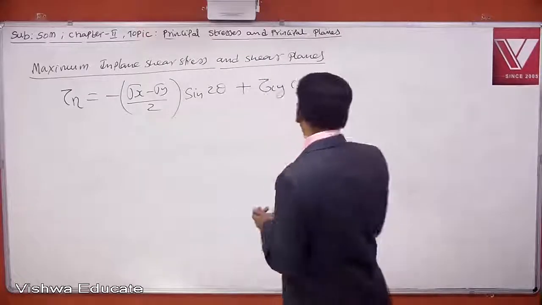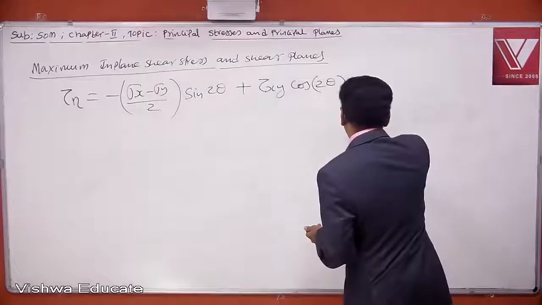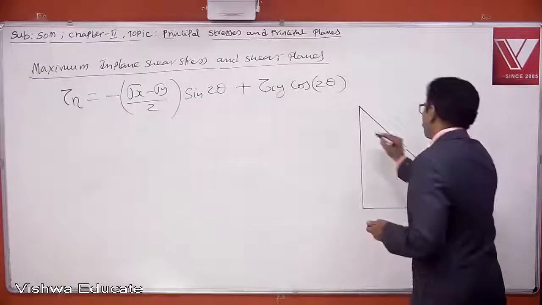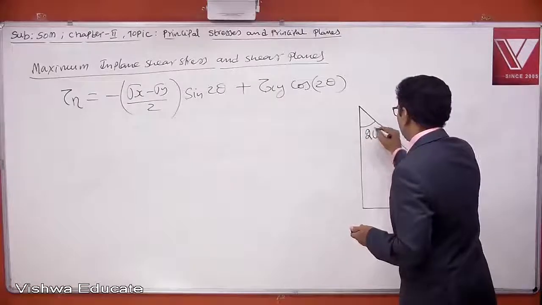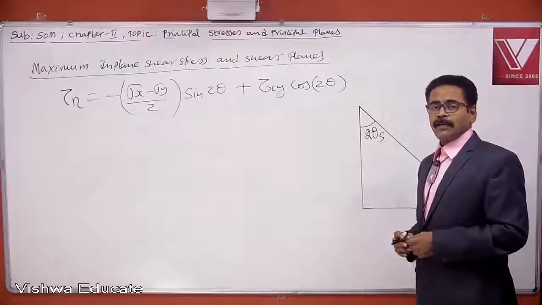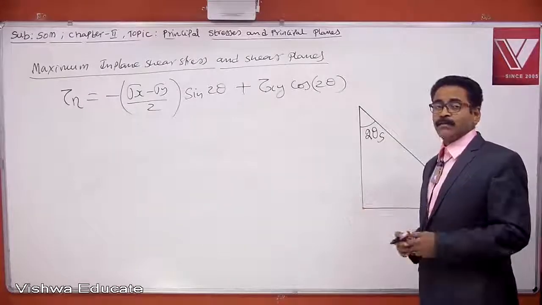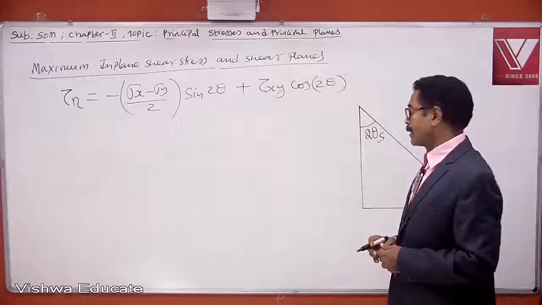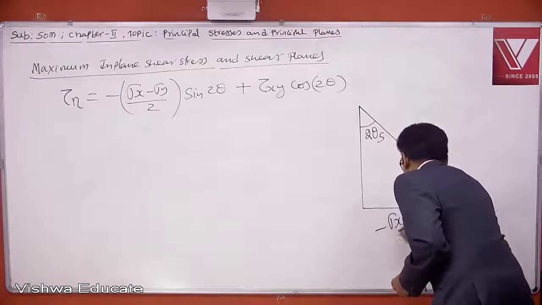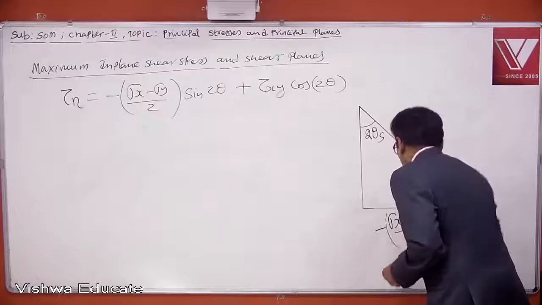Now similar to the principal plane triangle, here I am going to draw the shear plane triangle. Now this angle is 2 theta s. We just derived tan 2 theta s is equal to minus of (sigma x minus sigma y) by 2 by tau xy. Opposite side is minus of (sigma x minus sigma y) by 2.